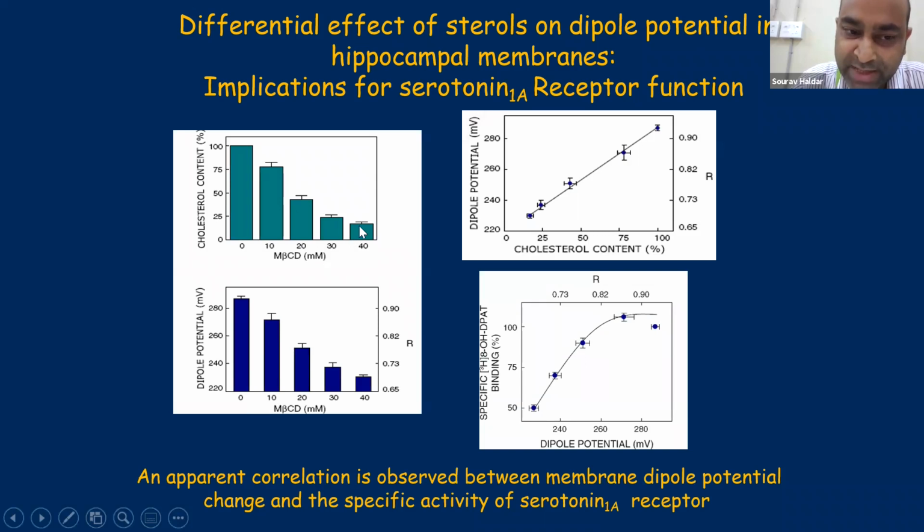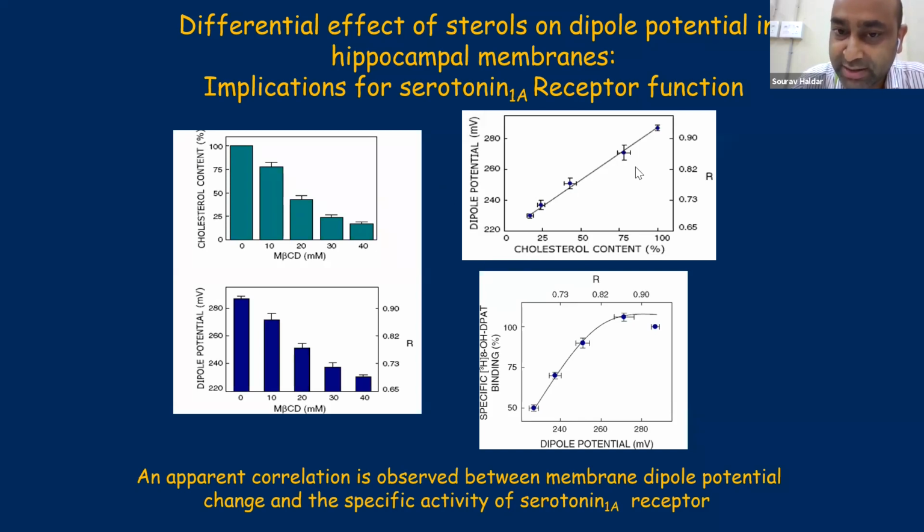And we have the ability to measure cholesterol concentration, and the property that I was interested in is the dipole potential. So I also measured the dipole potential under the conditions where the cholesterol concentration was changing.